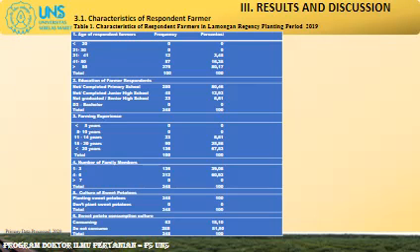Results and discussion. Characteristics of farmer respondents: age of respondents above 50 years is 80.17% and the average age is 56 years.